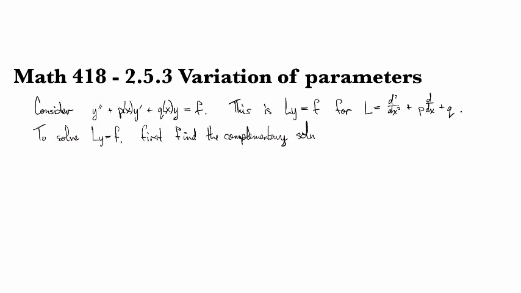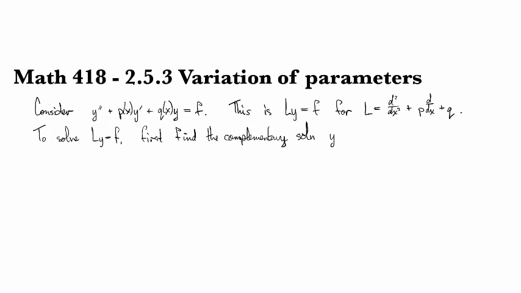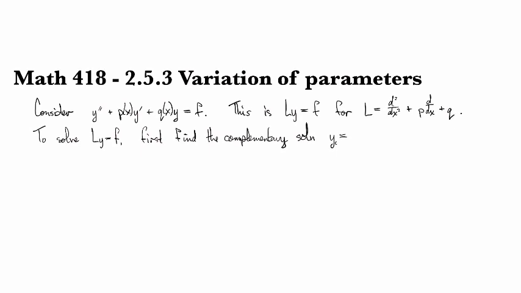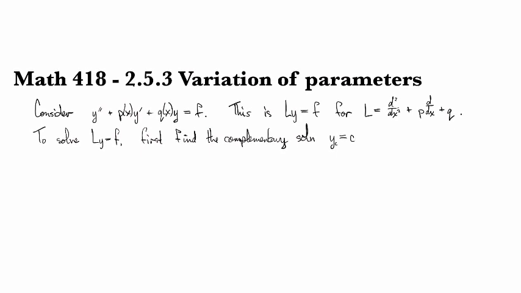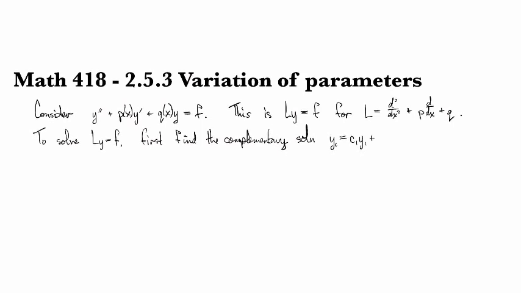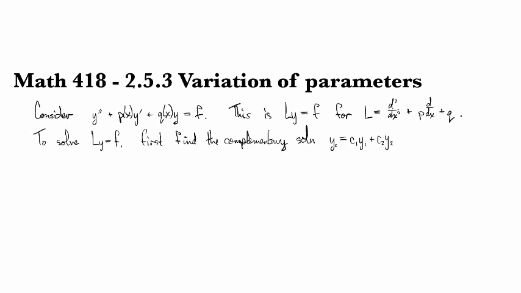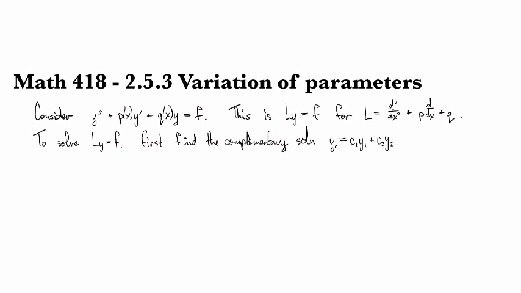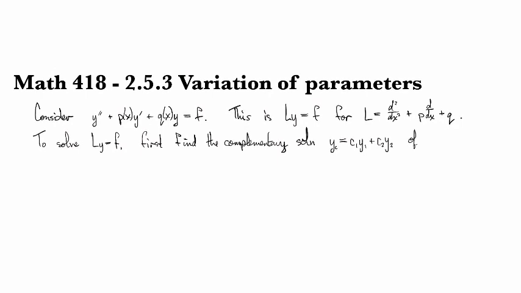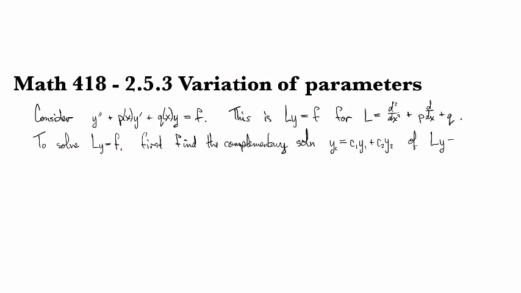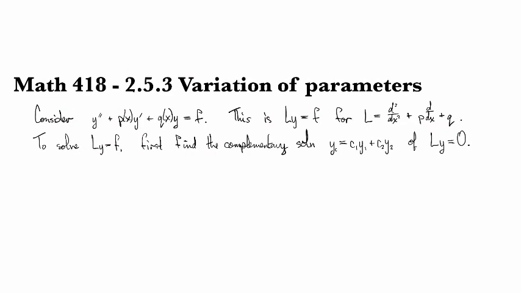Some books call this the associated homogeneous solution. I'll call it complementary, with y sub c to denote it. And so this looks like c1 y1 plus c2 y2 for some choice of coefficients c1 and c2. And so this is the solution of the complementary equation, or associated homogeneous equation.